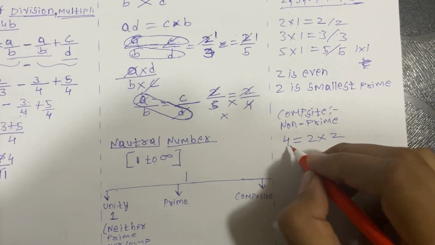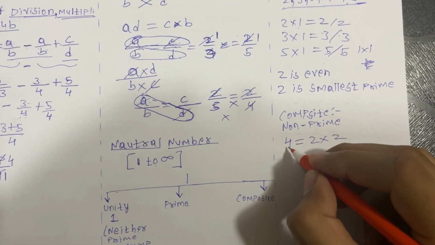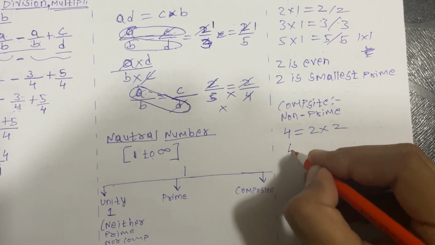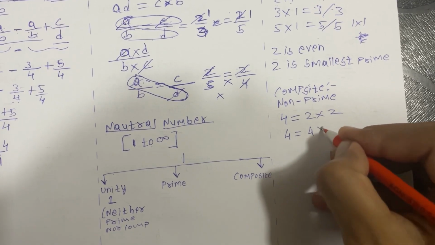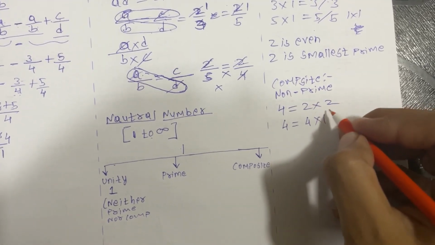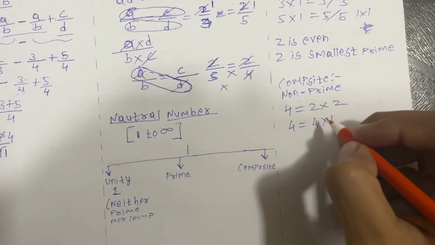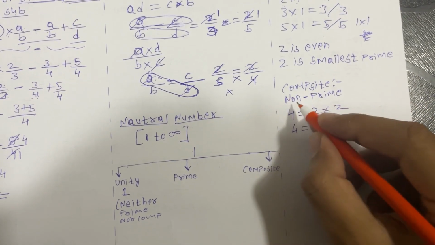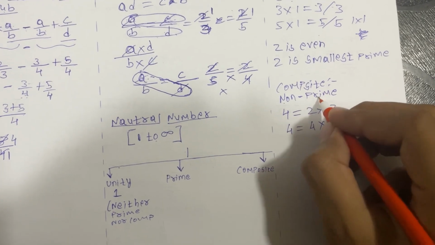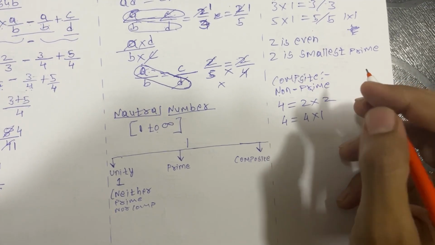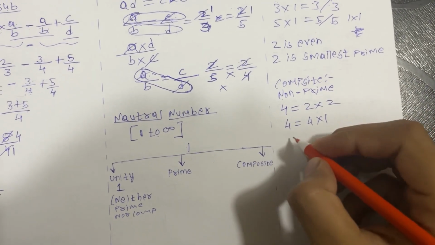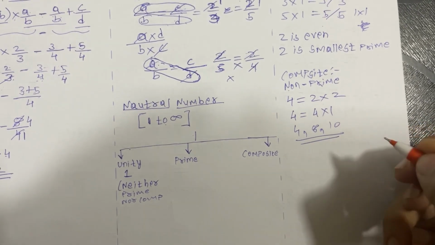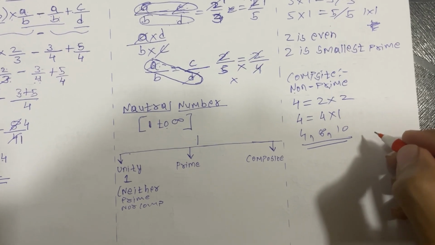So 4 is a non-prime number because we can write 4 as 4 into 1 also. So 4 comes in the 2 and 4 tables. That's why 4 is non-prime. So 4, 8, 10 are all non-prime numbers, or composite numbers.